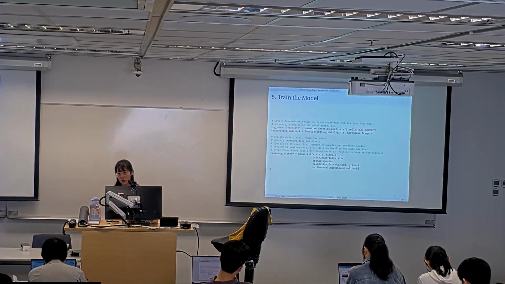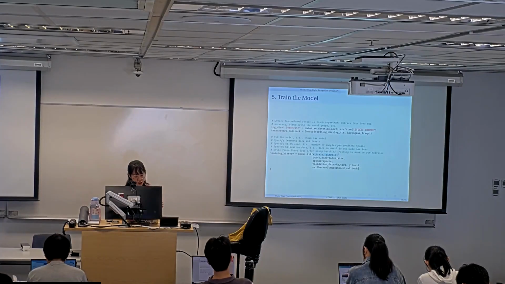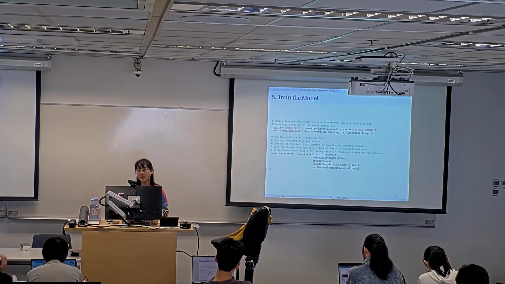Next, train the model using the model.fit function. We pass x_train and y_train as the training data and training labels to the fit function, and we specify the batch size. The batch size we defined at the beginning as a global variable is 128.